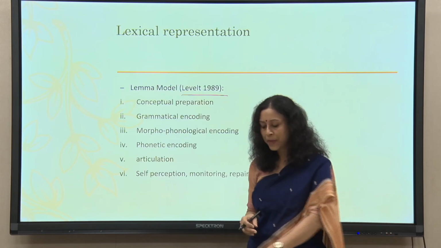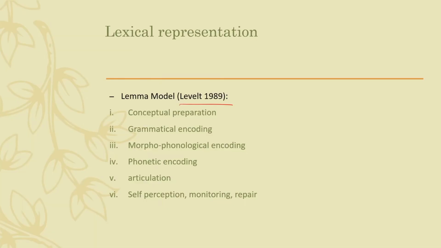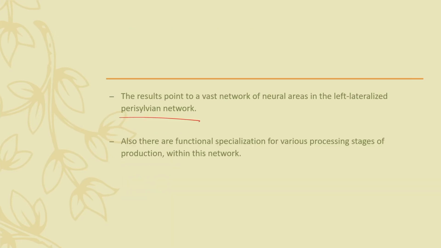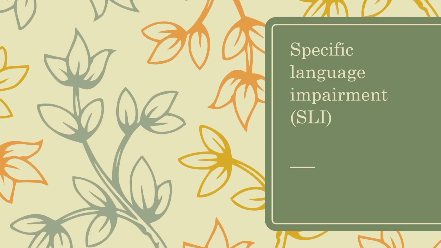Conceptual preparation will be processed in one domain versus phonetic encoding takes place in another domain, and so on. These are the two primary findings: there is a vast network of neural areas, and there are also functional specializations for many of these processes.